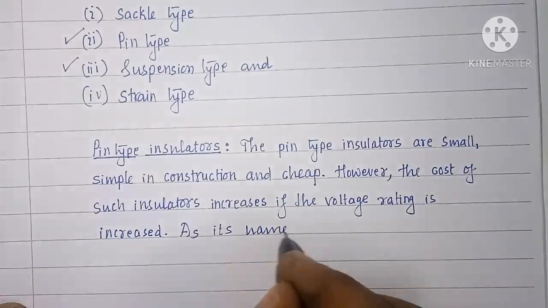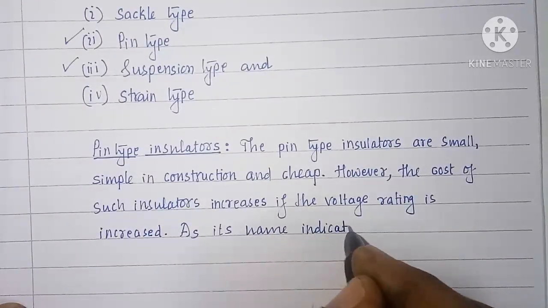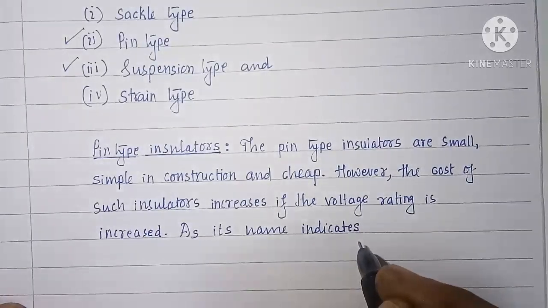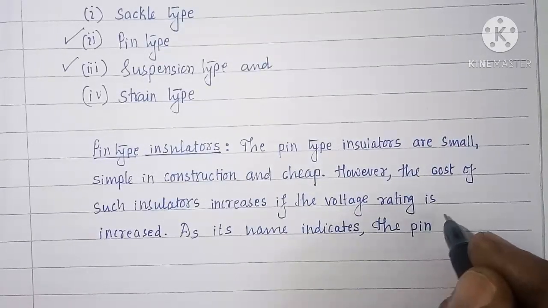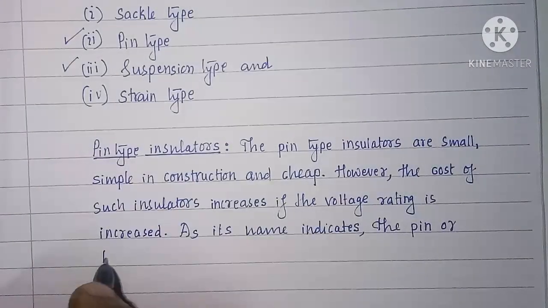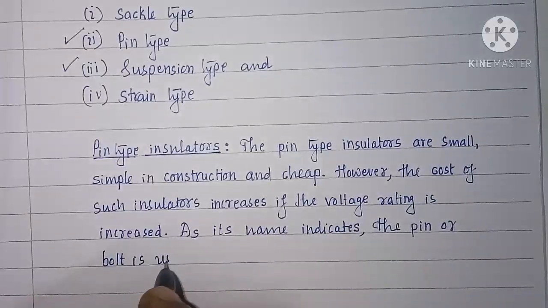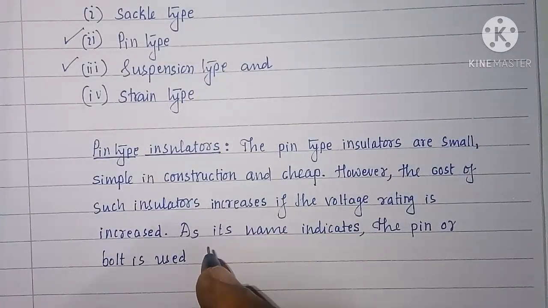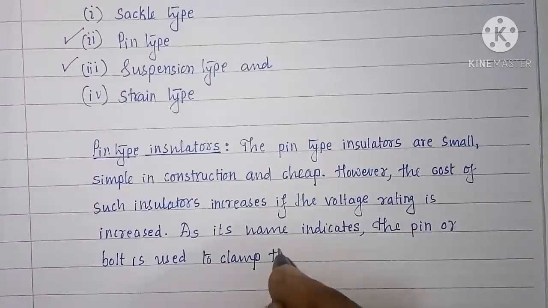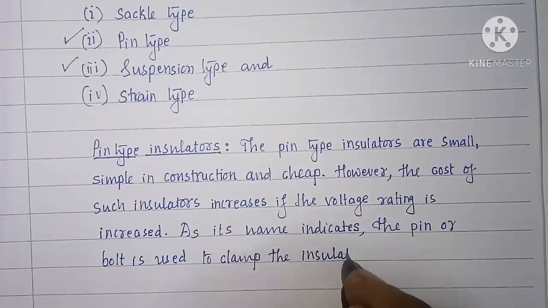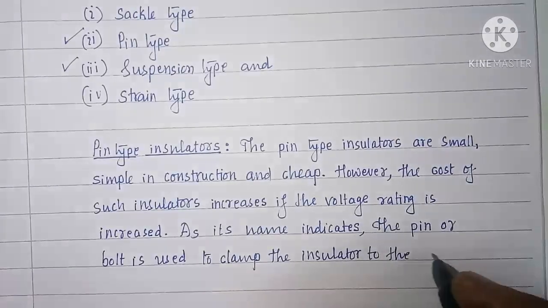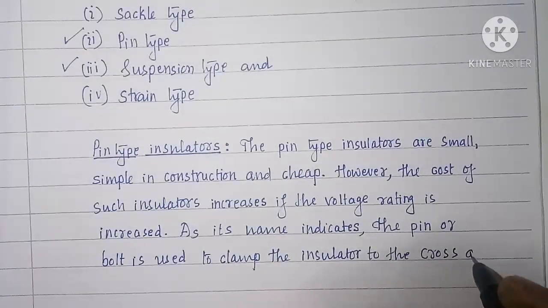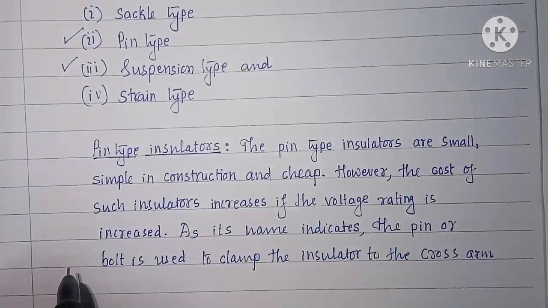As its name indicates, the pin or bolt is used to clamp the insulator to the cross arm on the pole.